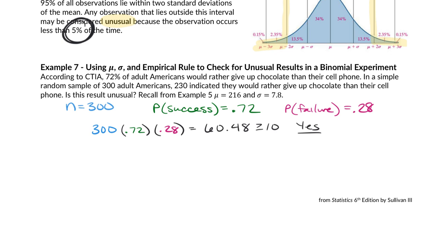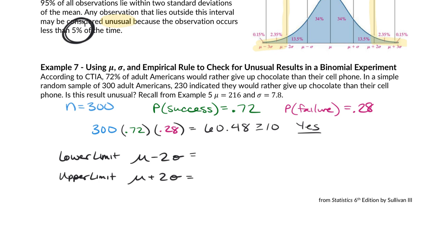We need to know these boundaries for unusualness. We will find the lower limit of unusualness, is what I'm going to call it. The lower limit for unusualness is found by doing mu minus 2 sigma. And the upper limit for unusualness, 2 standard deviations away, is mu plus 2 sigma. Now we found mu and sigma in example 5.